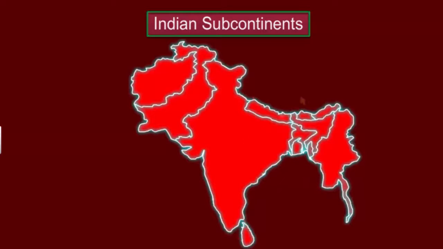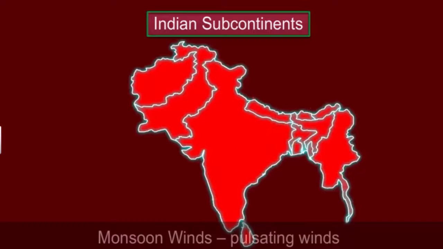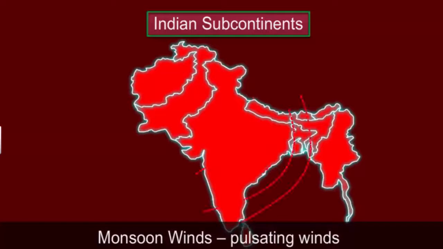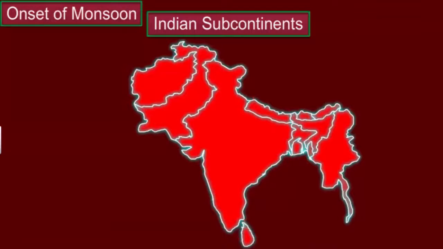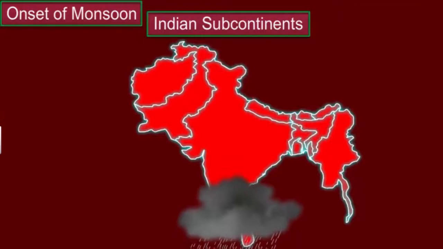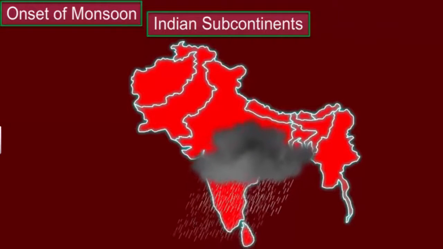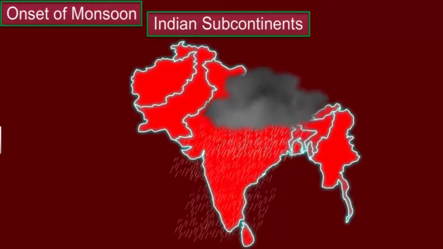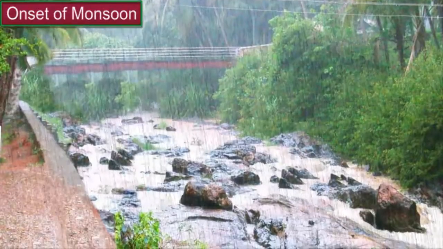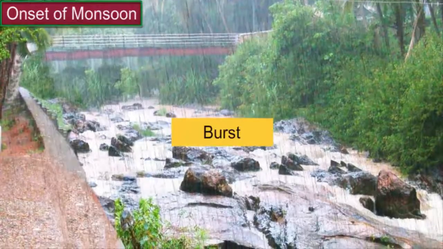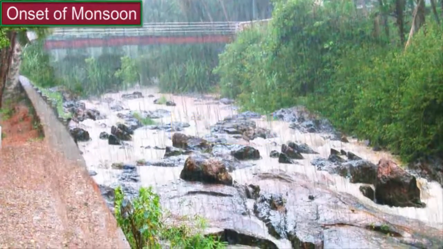As a result, these winds are pulsating in nature and not steady. Due to this, the monsoon arrives with a sudden downpour of rainfall that continues for several days. This is known as the burst of the monsoon and can be easily distinguished from the pre-monsoon showers.